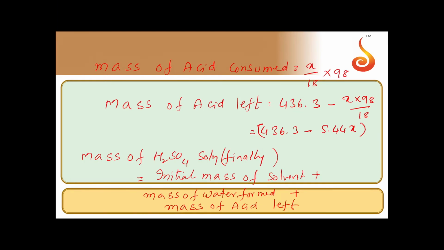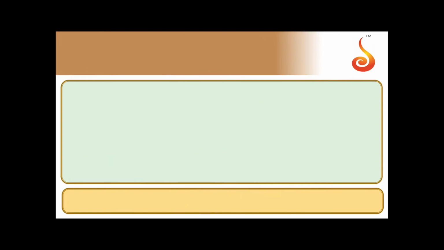All these three give us the present mass of solution. That is 824.7 plus x, the mass of water formed we assumed, plus the mass of acid left, 436.3 minus 5.44x. This is the present mass of solution of sulfuric acid.